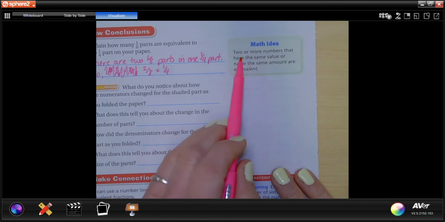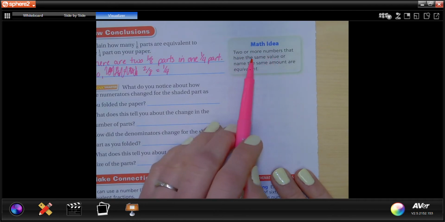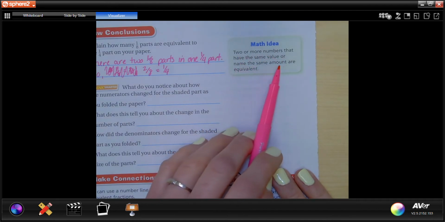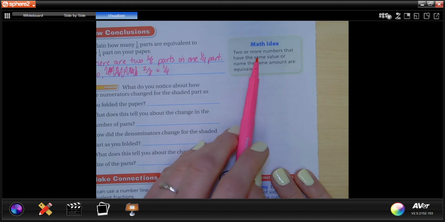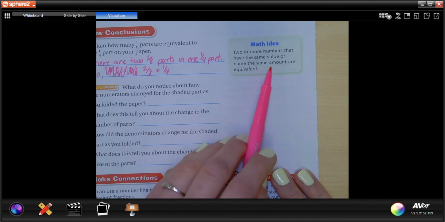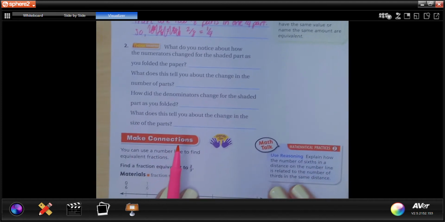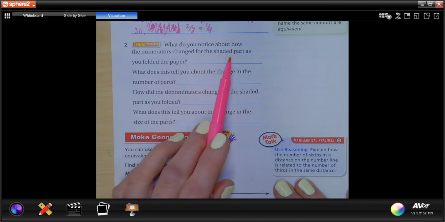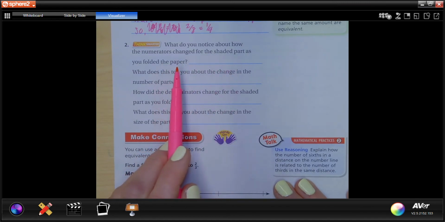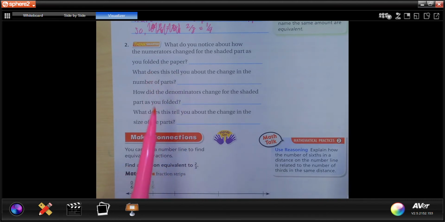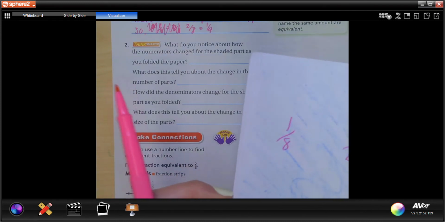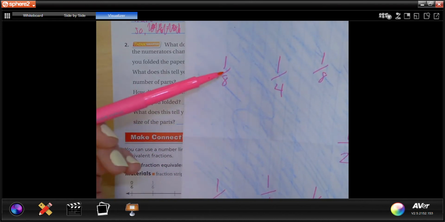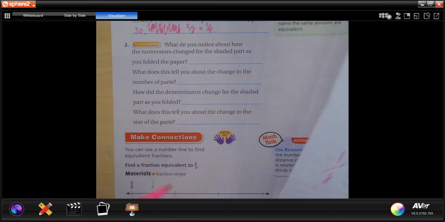Math idea. Two or more numbers that have the same value or name the same amount are equivalent. So if they have the same value and name the same amount, they are equivalent. What do you notice about the numerators for the shaded part as you folded the paper? Well, when you fold the paper and it makes more parts, the amount of parts that are shaded gets larger.